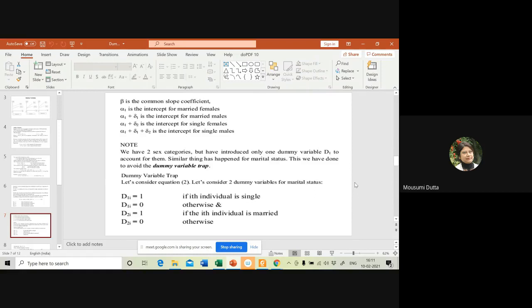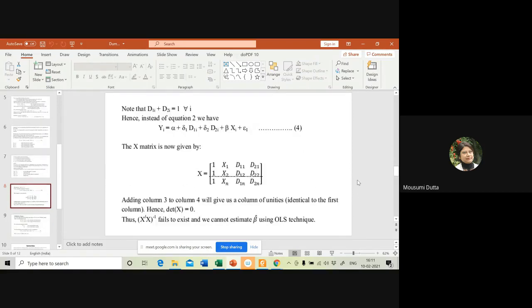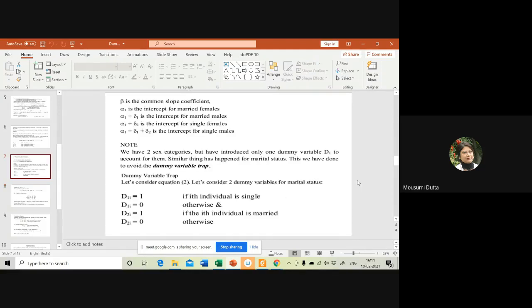So I am defining two dummy variables for two categories, D1I and D2I. D1I is equal to 1 indicating the individual is single. D2I is equal to 1 indicates the individual is married. Here, D1I plus D2I is equal to 1 because these are two mutually exclusive categories.